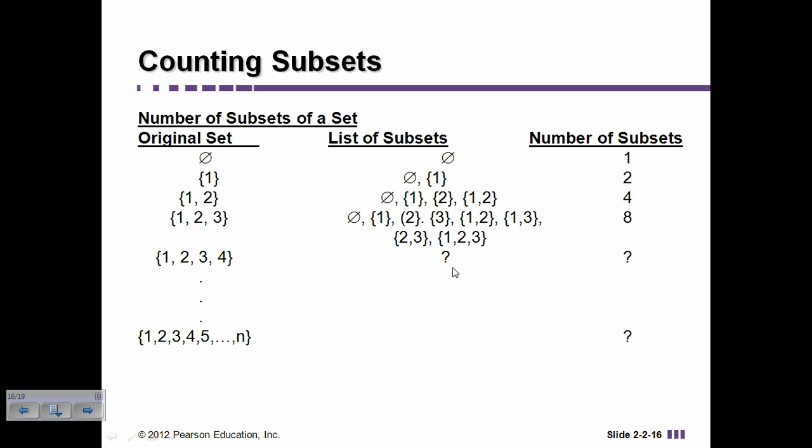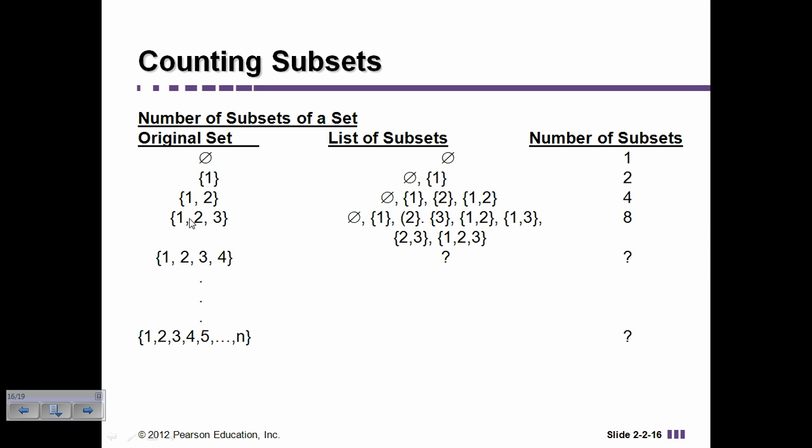So if we look at the pattern here, when it was 1, there were 2. And you'll notice that the next number of subsets is a multiple of 2, and the next one is 2 times that. So what we end up doing is taking 2 and raising it to the number of elements in the original set.